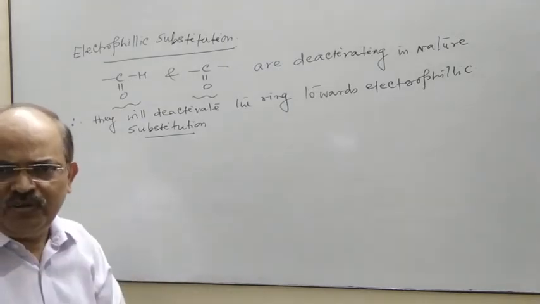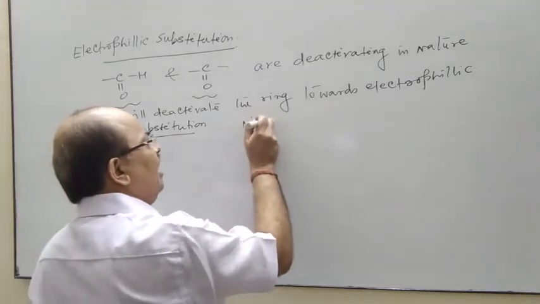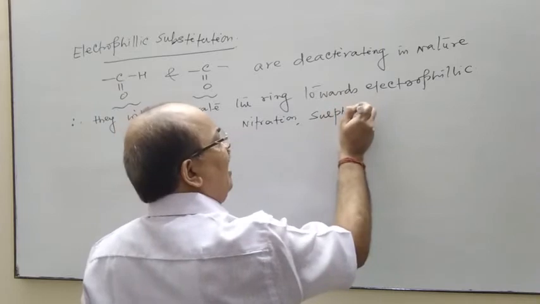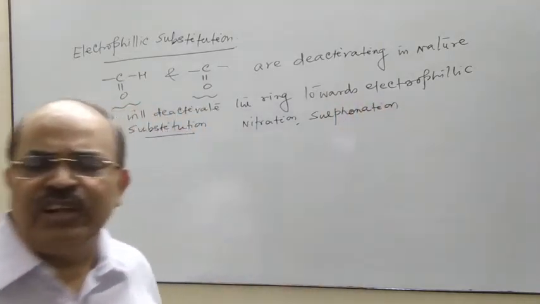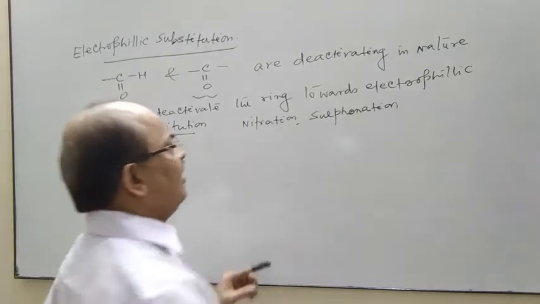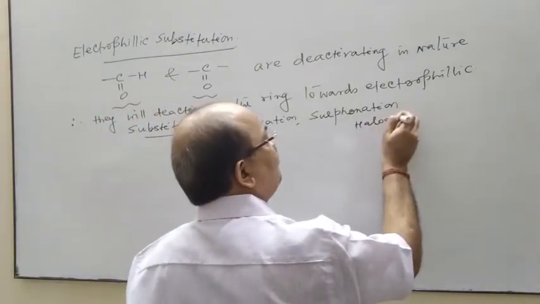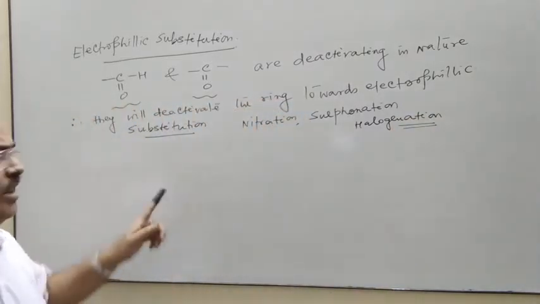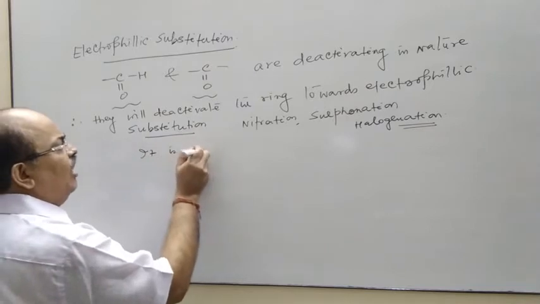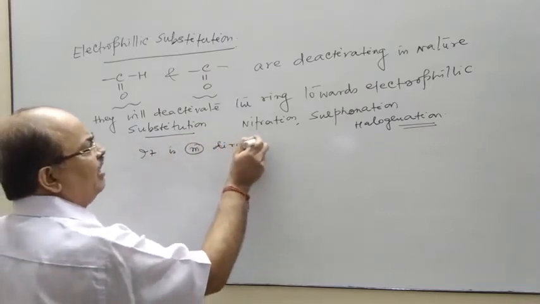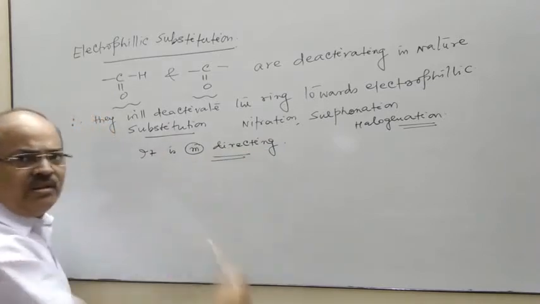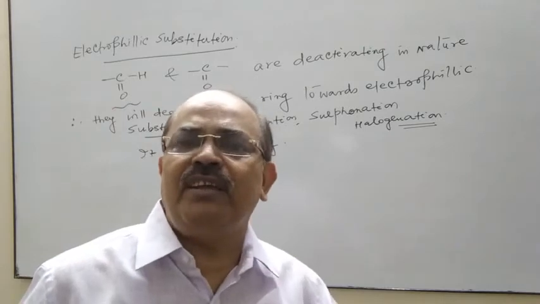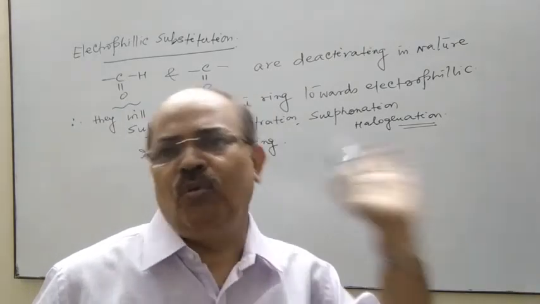That is very important. Only there will be nitration, sulfonation, and to some extent halogenation. Now it is meta-directing. It means the electrophilic substitution will take place at the meta position only.